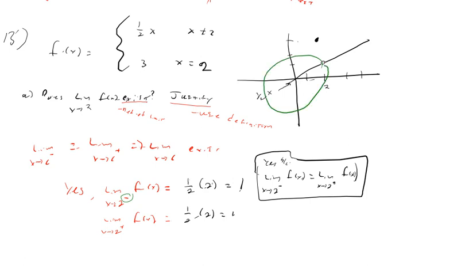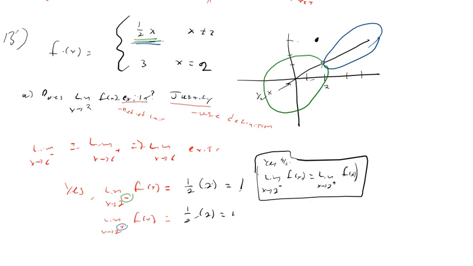If we're saying x approaches 2 from the right side, it's this part of the equation. And this part is the same equation because it's everywhere except 2. If there was a split, one equation on the left, one equation on the right, we would have to test 2 separate equations. But in this case, it's the same equation approaching from both sides.